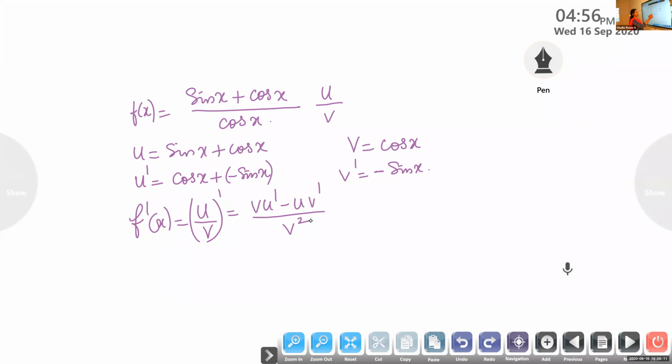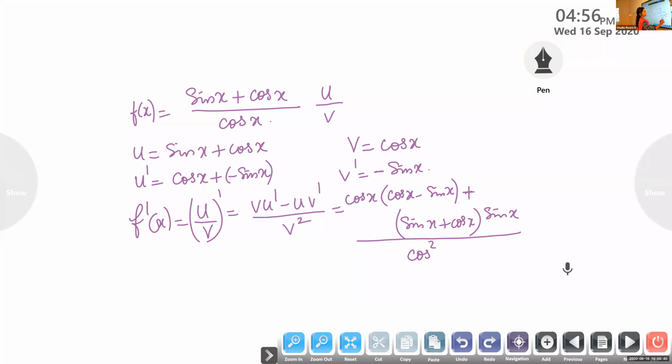V into v is cos x into u dash. It is cos x minus sin x, minus u. U is sin x plus cos x into v dash. V dash is minus sin x. So minus, I'm combining this and I'm writing this as plus sin x, by v square, by cos square x.